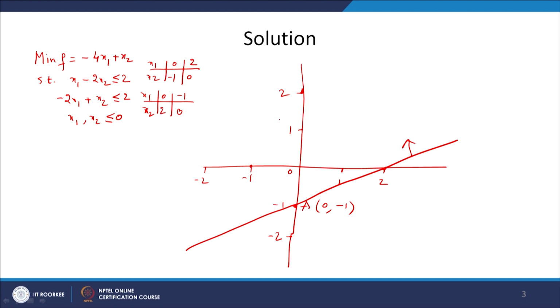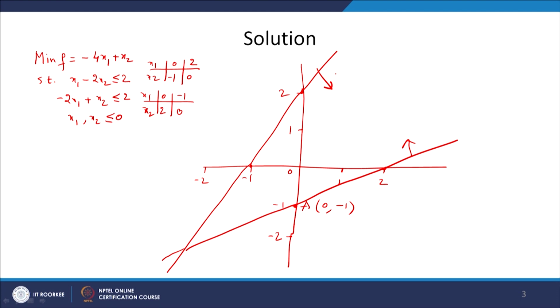We join these two points, and we find that the feasible region is below this line.